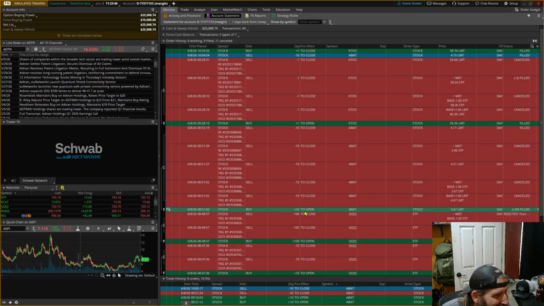And I actually ended up with an extra buy in American Battery. Okay, you see right here where it says 20 filled.